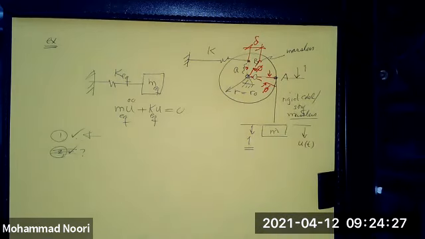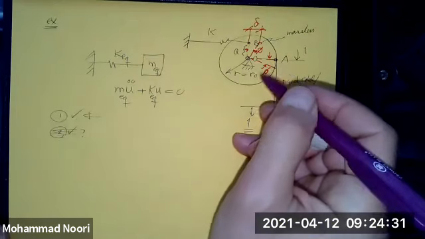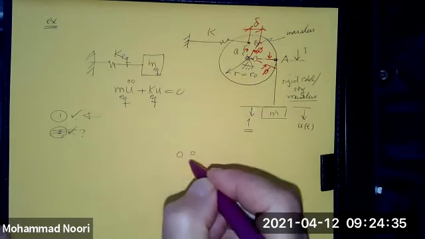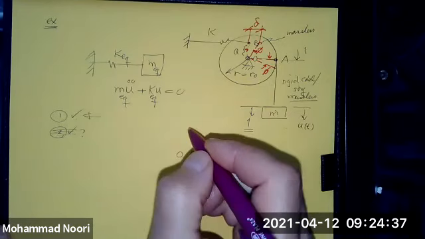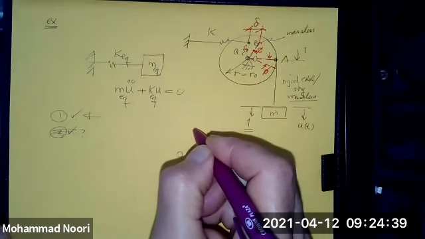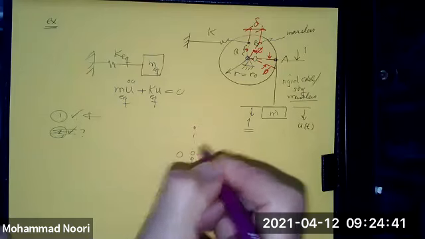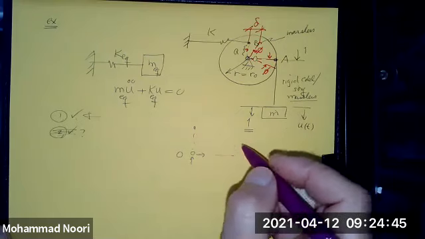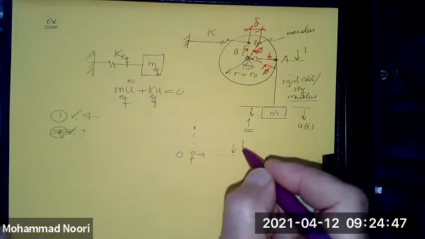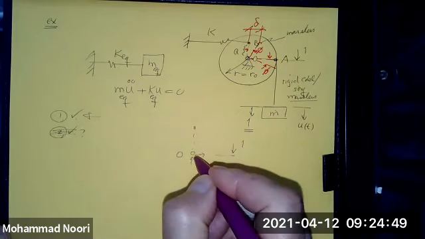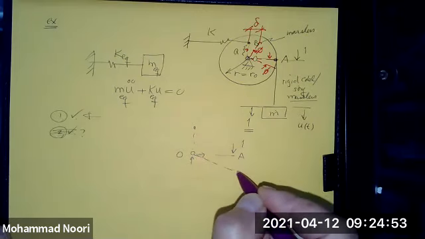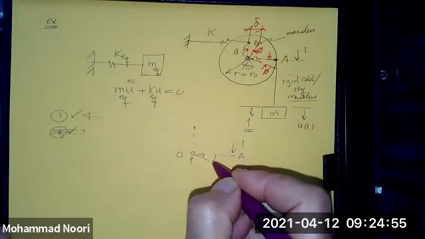So let me look at the free body diagram of what happens right now. So this is point O. These are the two forces. If this is going to rotate due to the action of this unit force, going from this point A to point A prime, this is phi.